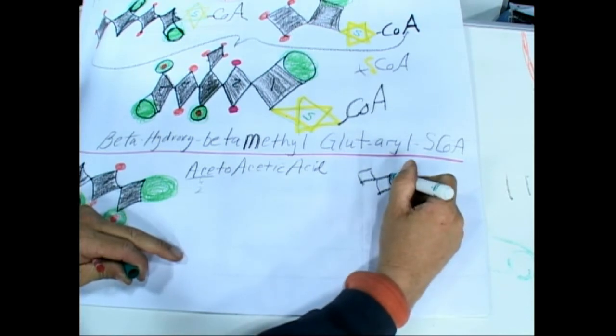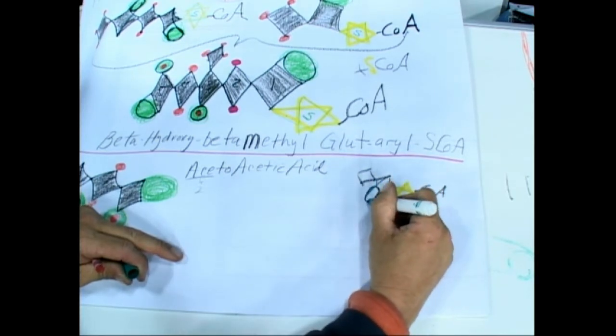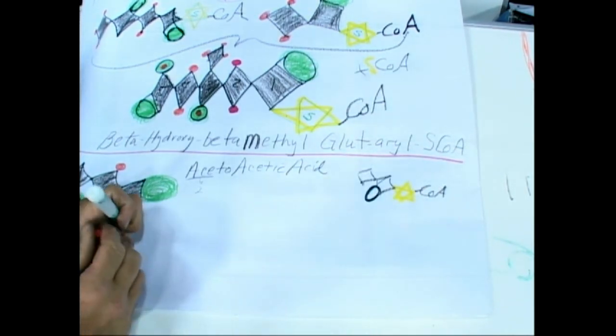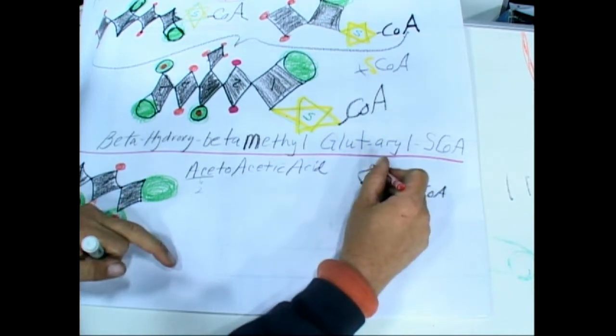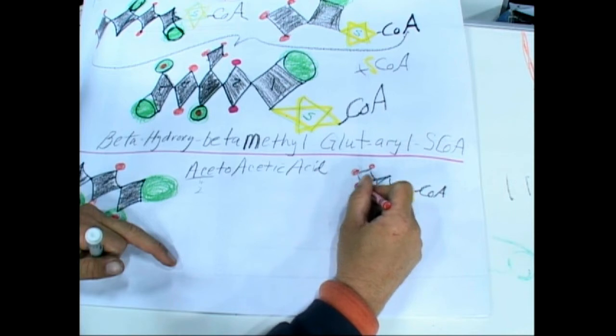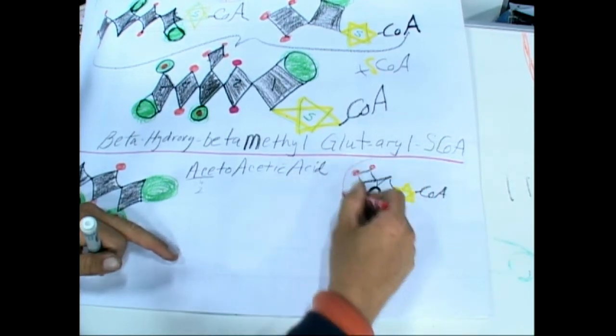And that's a ketone. Acetyl-CoA. The acetyl part of that is going to be a ketone, so we better figure a better way of drawing that. And a methyl, we're not afraid of that, right? 1, 2, 3. So that comes off.